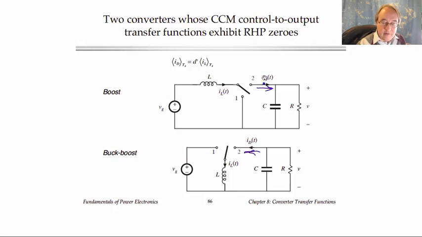In fact, we can write the equation for the average value of the diode current, and it is d prime times the inductor current. So the inductor current flows through the switch to the output during the d prime interval. And this is true in both the boost and the buck-boost converters. So let's consider a transient where we turn up the duty cycle.